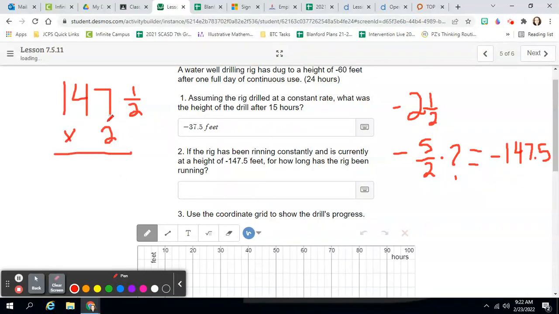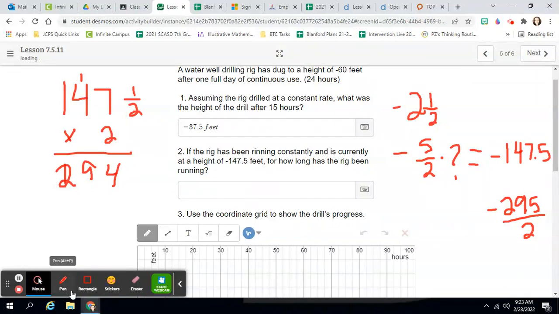A mixed number simply means I'm going to take these 147 wholes and turn them into halves, right? So I know I have to multiply this by 2. That is 294 plus that extra one, so I know that this is negative 295 halves.